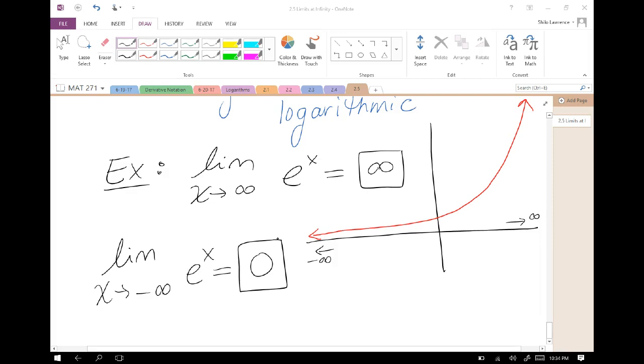So whereas with our rational functions, if we got a finite answer, it was almost always doing the exact same thing on both sides, these transcendental functions are very, very different. And there's really no special rule for figuring this out. We just need to either set up a table, do it algebraically, numerically, or look at the graph.